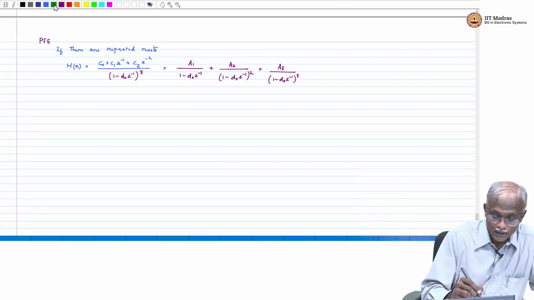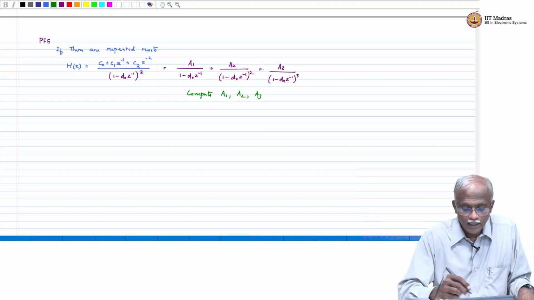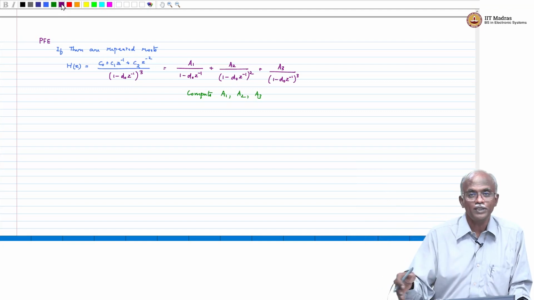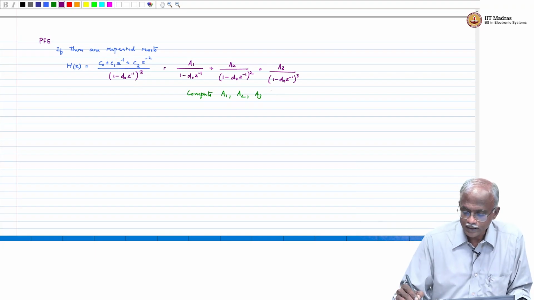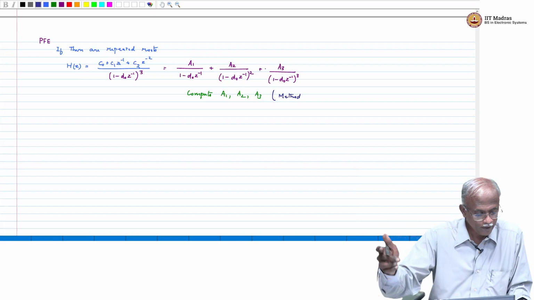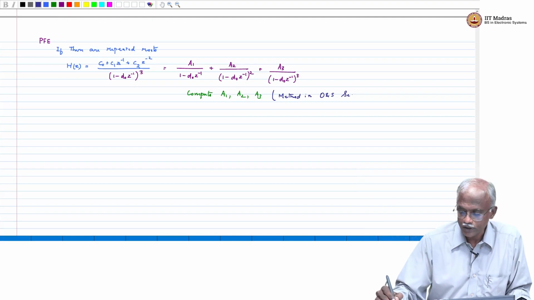Once again we have to compute a1, a2 and a3. If you are familiar with it, you can of course simplify it algebraically, but there is a very compact method given in Oppenheim and Schafer, section 3.3.2, for computing a1, a2, a3 when you have repeated roots.